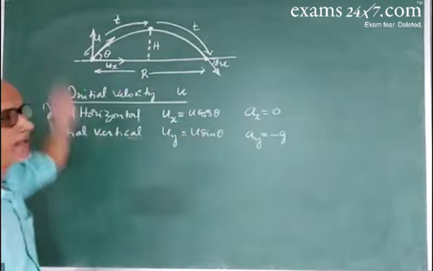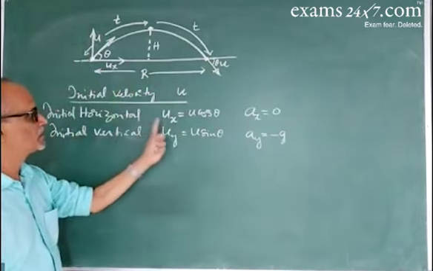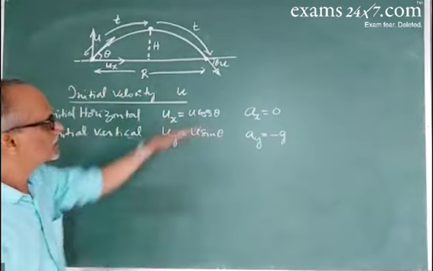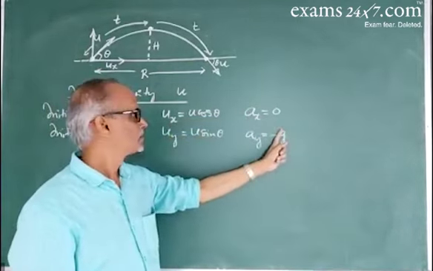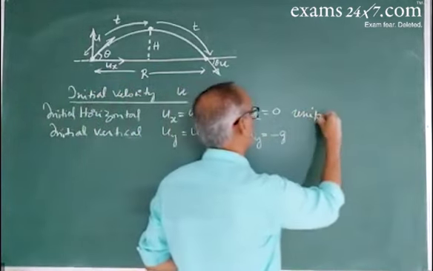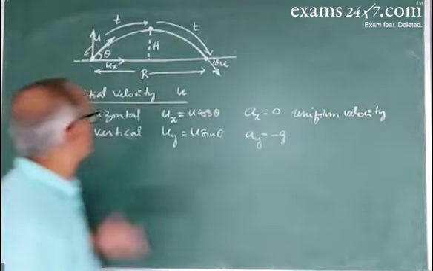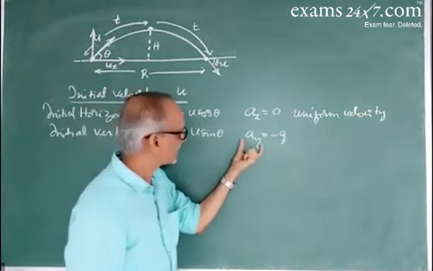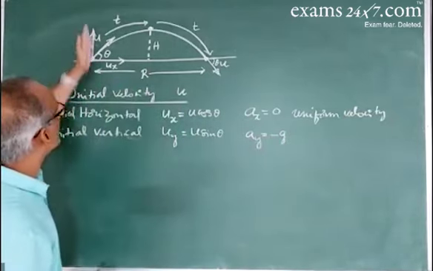Now this initial velocity I can resolve into two components. One, the initial horizontal velocity, which is ux equal to u cos theta. Along the horizontal, there is no effect of gravity, so the acceleration is 0. So the nature of motion of the projectile along the horizontal is uniform velocity. Whereas along the vertical, since the projectile is under the effect of gravity, the acceleration is equal to minus g, because it's thrown vertically upward.